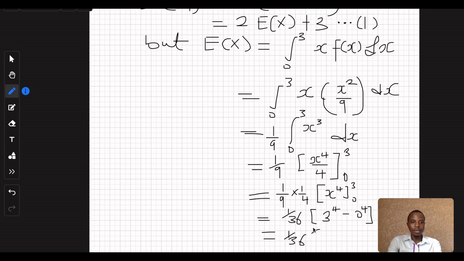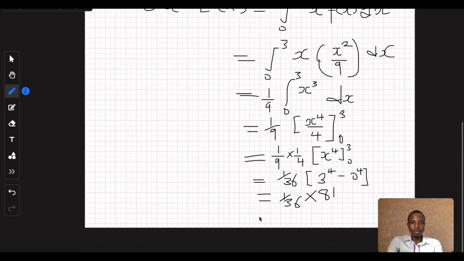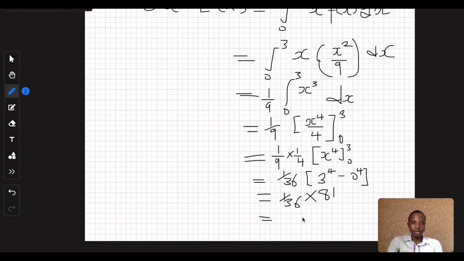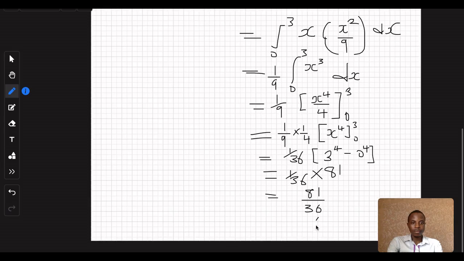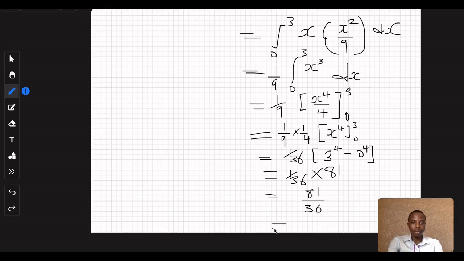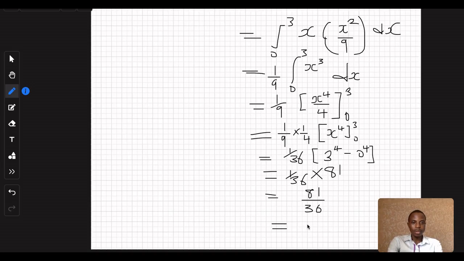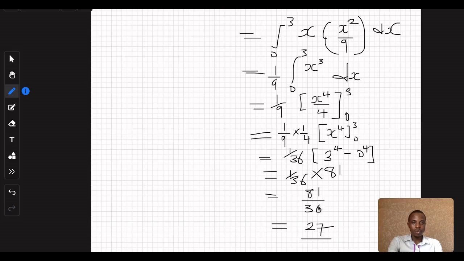So it is 81 over 36. Making things easier, 3 is common between them. If 3 goes into 81, we should have 27, and if 3 goes into 36, we should have 12.